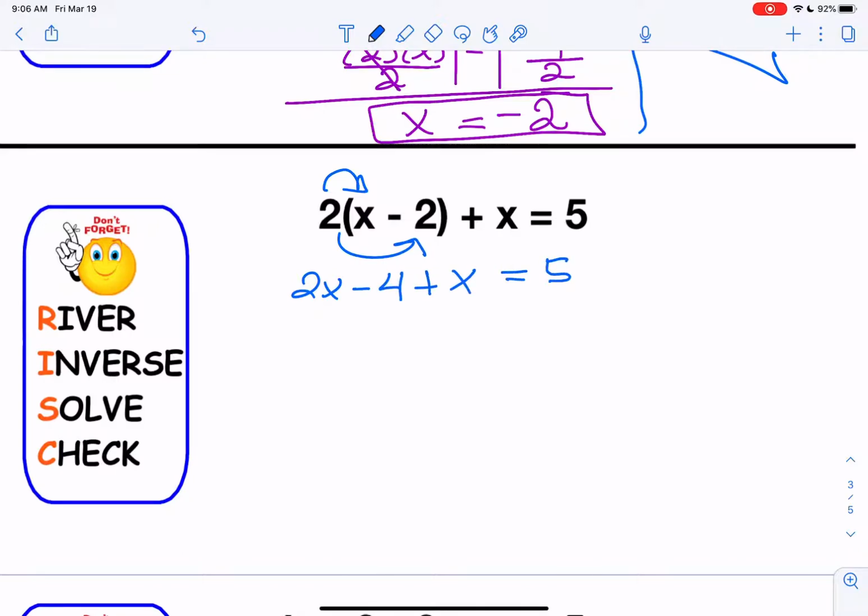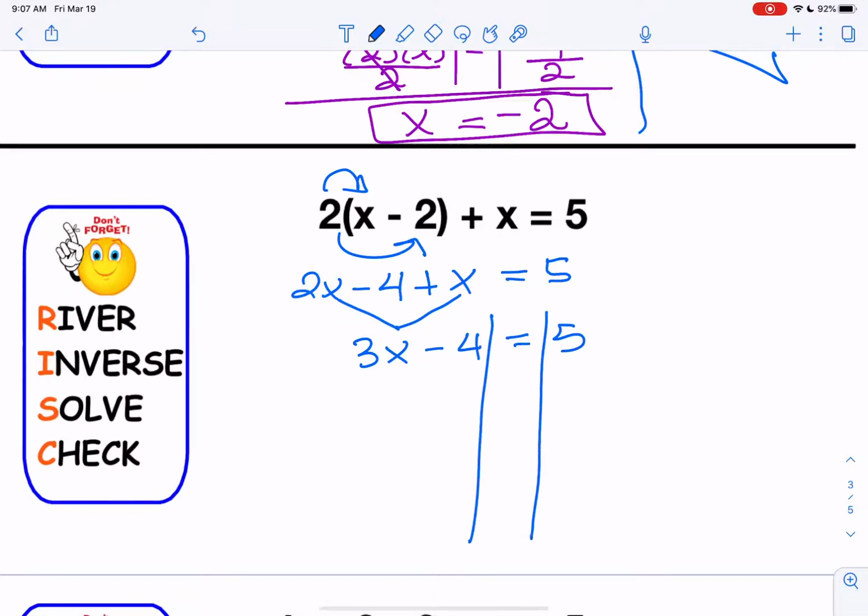But we can also combine like terms. We're not done yet because I can combine this x with that 2x, and that'll give us 3x minus 4 equals 5. Now we're ready to use the risk method. I'm going to draw my river.